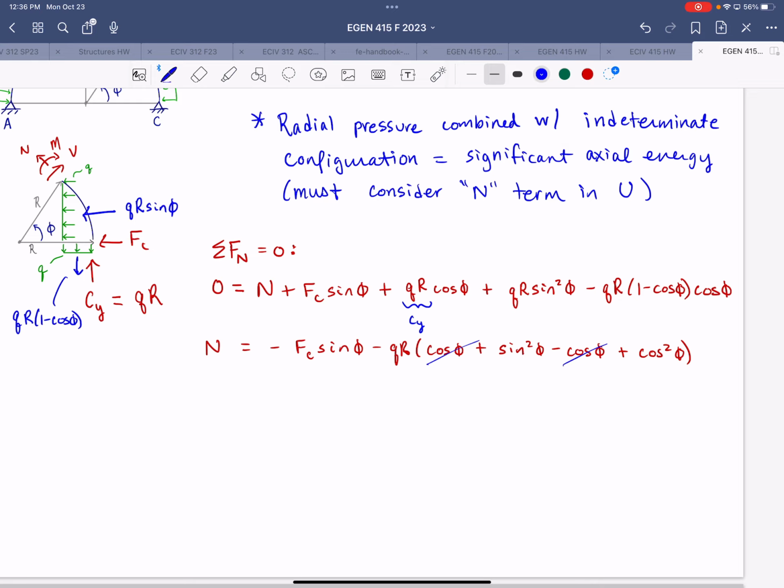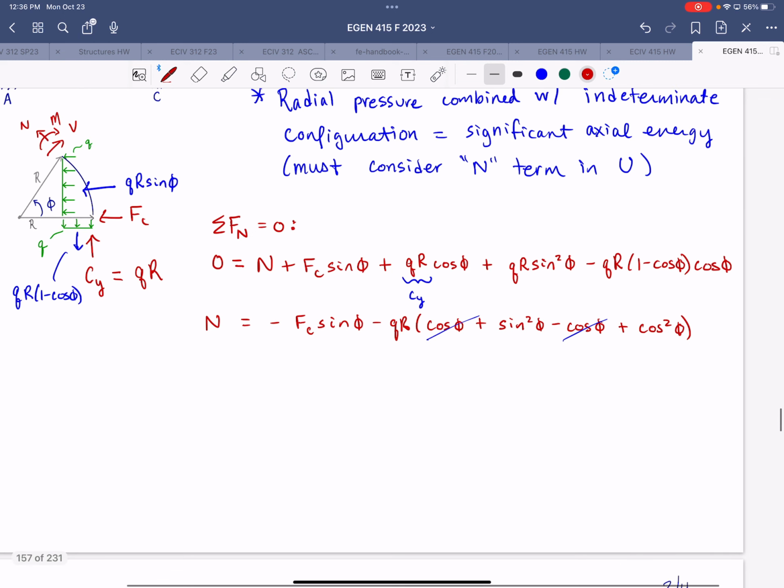So the cosines will cancel. And then using the trig identity for sine squared plus cosine squared, we get N is equal to negative FC sine phi minus QR.